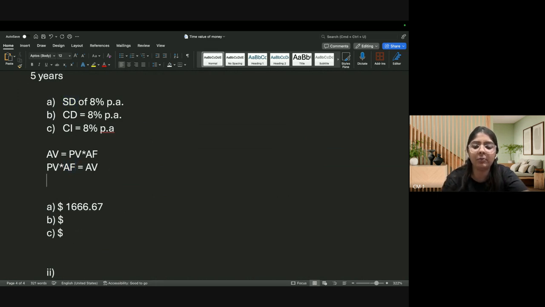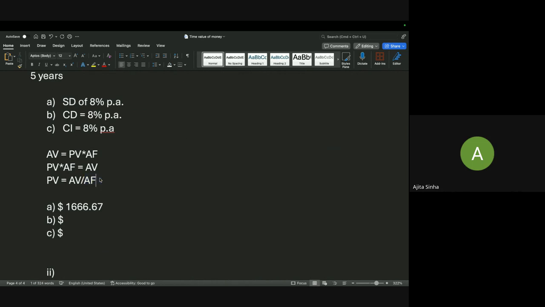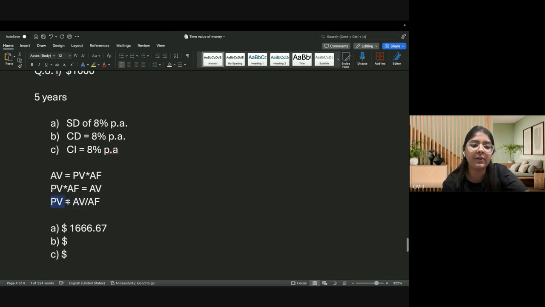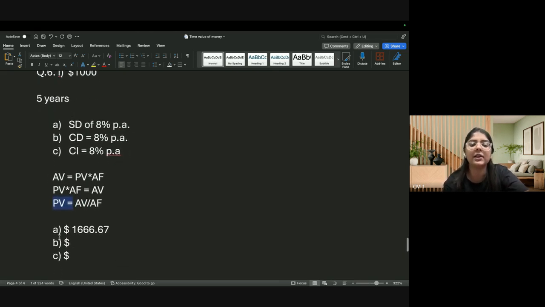You can simply do present value equals AV divided by AF. So this will be 1000. AV you don't know. PV is 1000, equal to AV divided by the accumulation factor, which is 1 minus nd. And if that comes in here, it will become AV into 1 minus nd raised to the power minus 1. Understood?